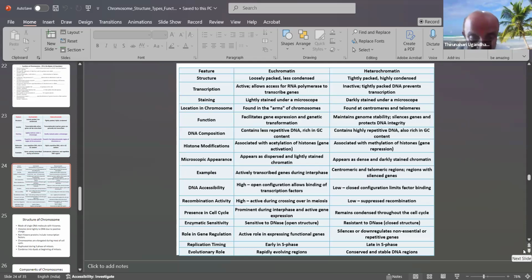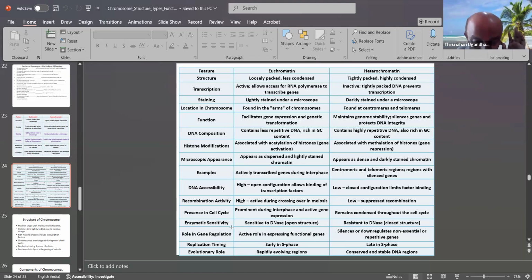Presence in the cell cycle: euchromatin is prominent during interphase, and active genes are expressed. Heterochromatin has suppressed recombination and remains condensed throughout the cell cycle.